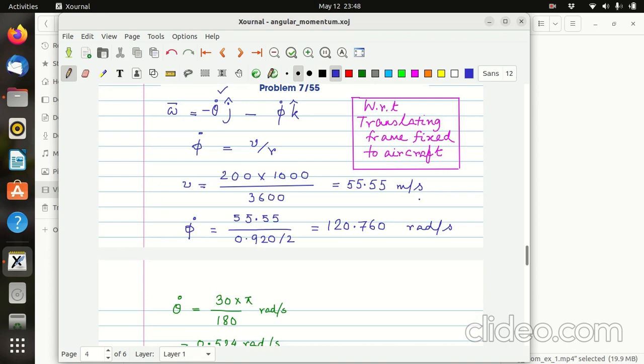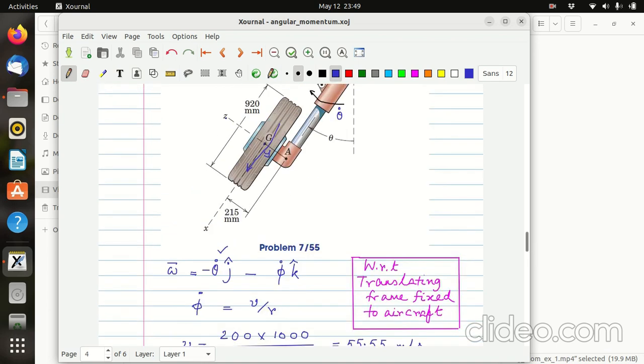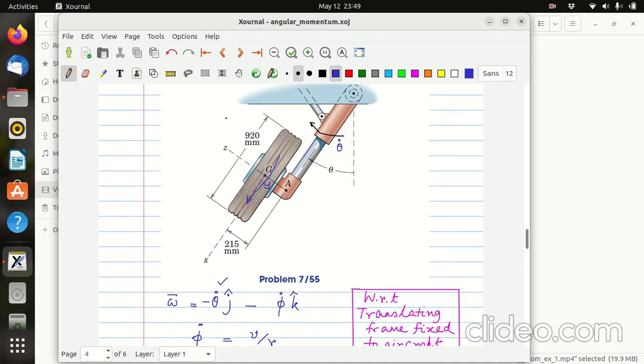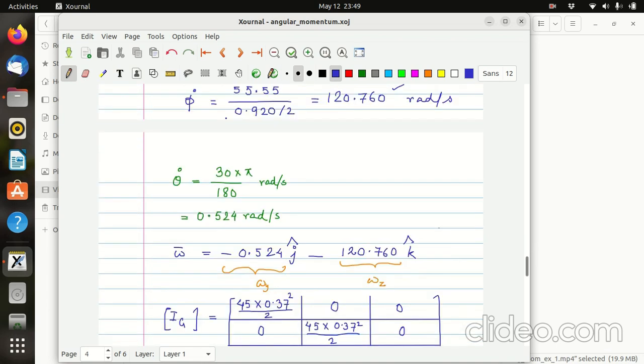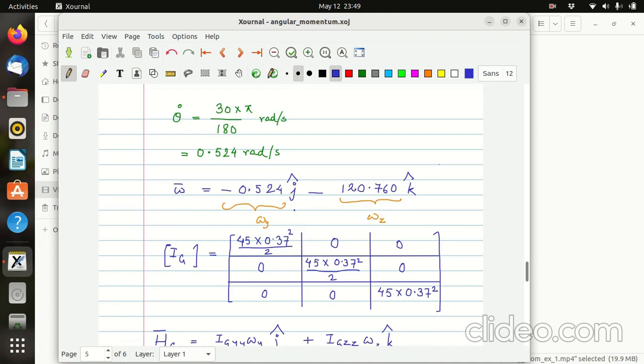So this is the spin speed of the wheel. And theta dot is already given, which is 30 degrees per second. So it is 30 into pi by 180 radians per second. So now we get omega.